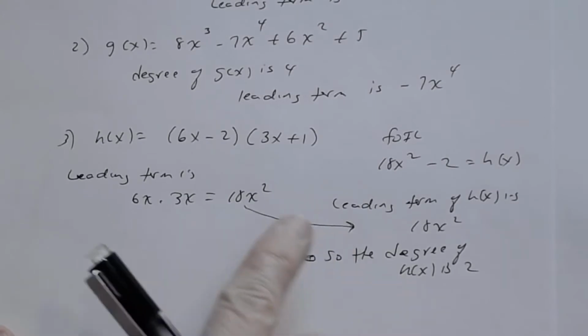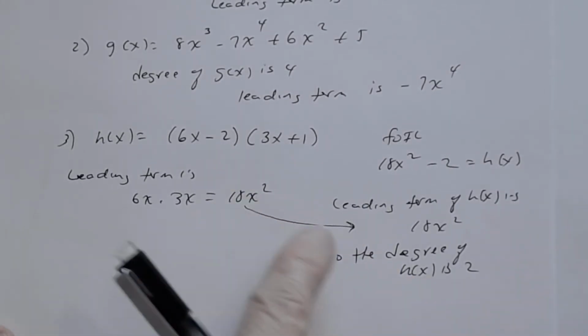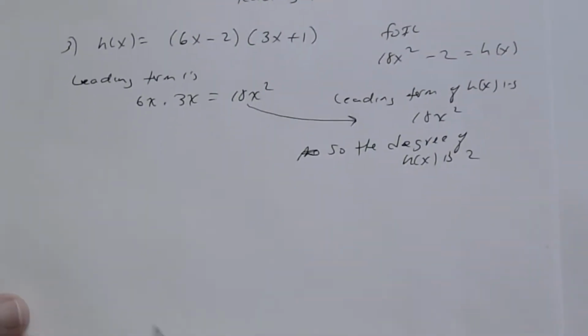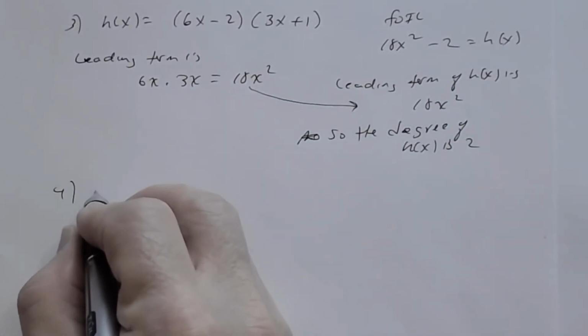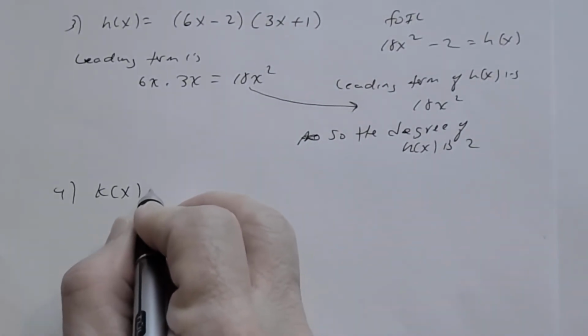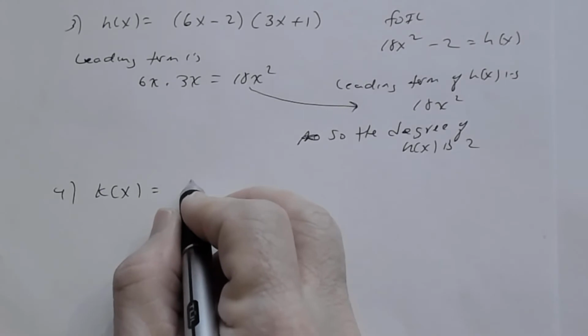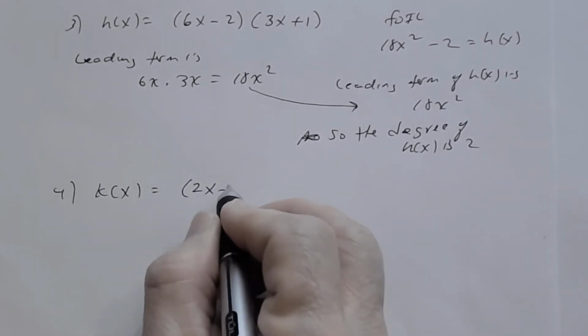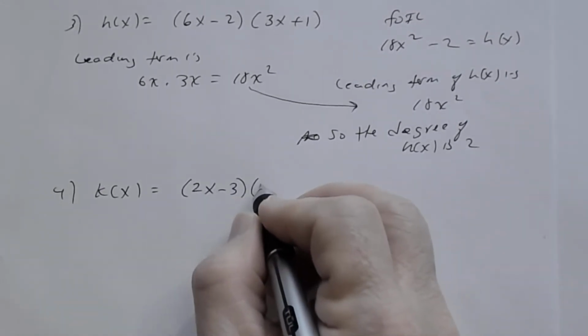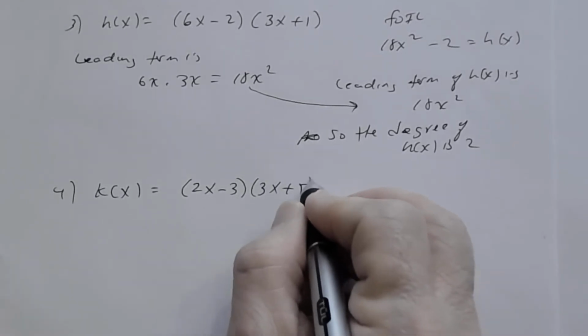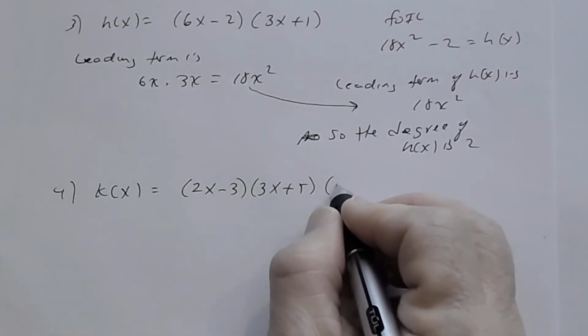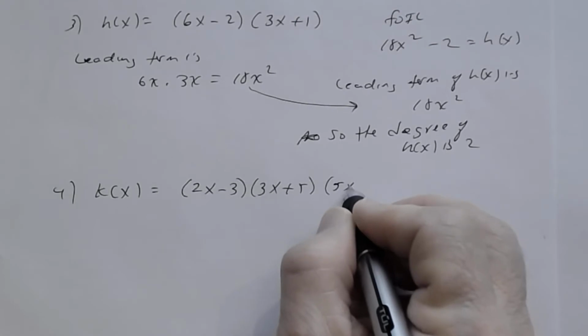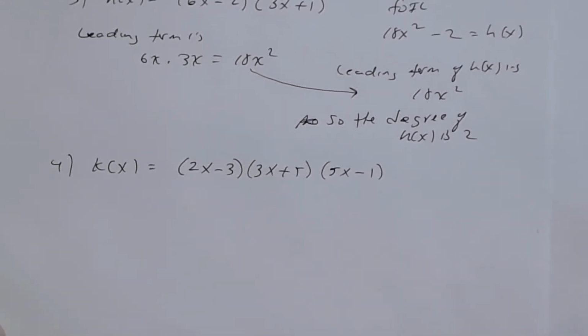Okay, now both of those are going to be important in what we're going to be doing in a little while. So let's look at another one. So let's suppose we had this. k of x equals 2x minus 3 times 3x plus 5 times 5x minus 1. All right, let's suppose we had that.